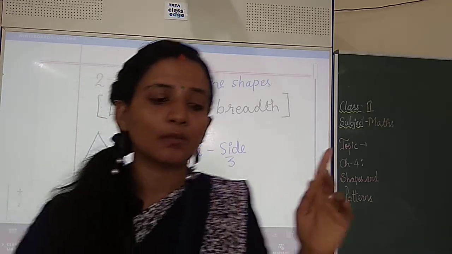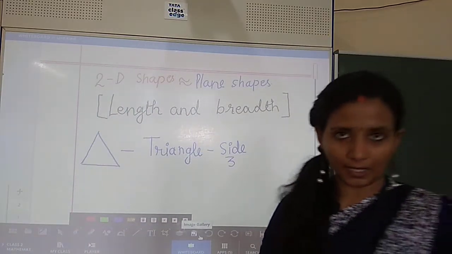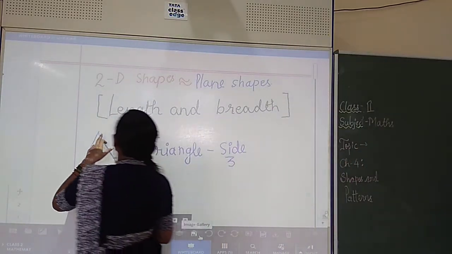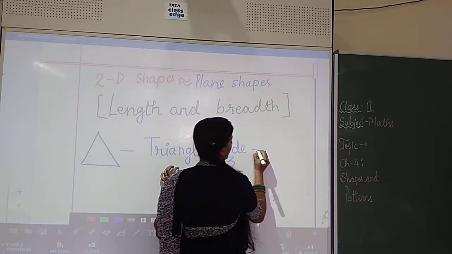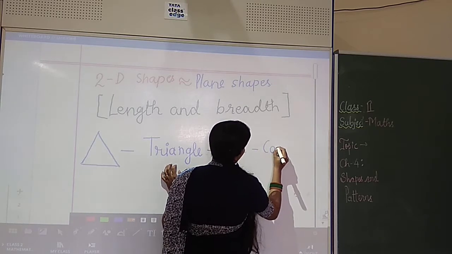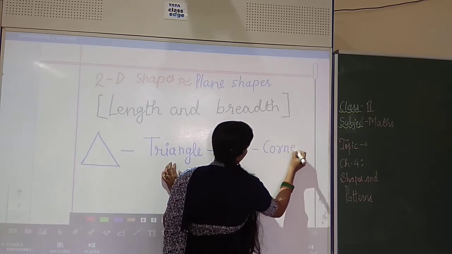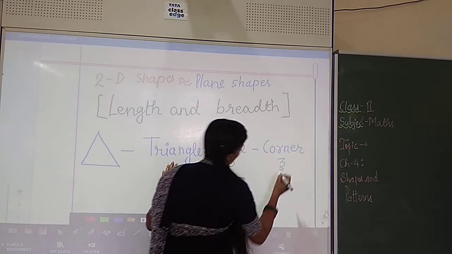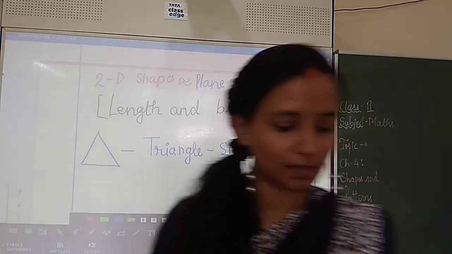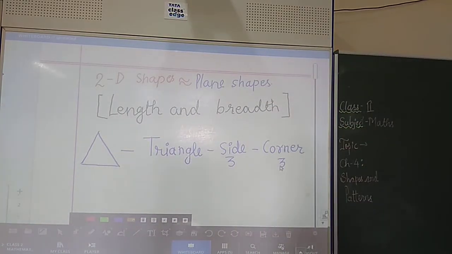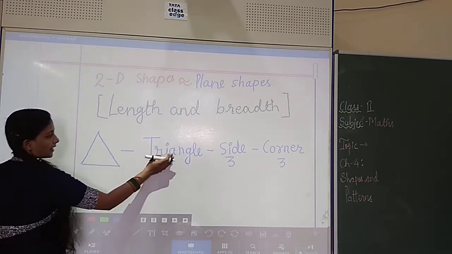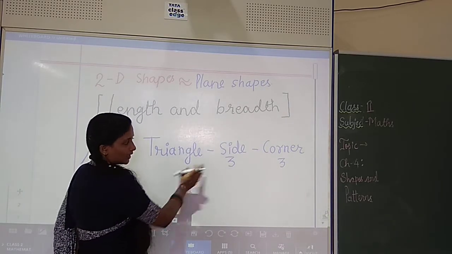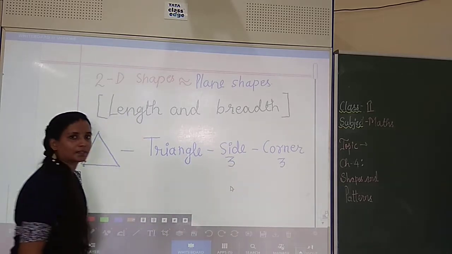Corners we can also call vertices. There are 3 corners, as you have seen. So, triangle: 3 sides, 3 corners.